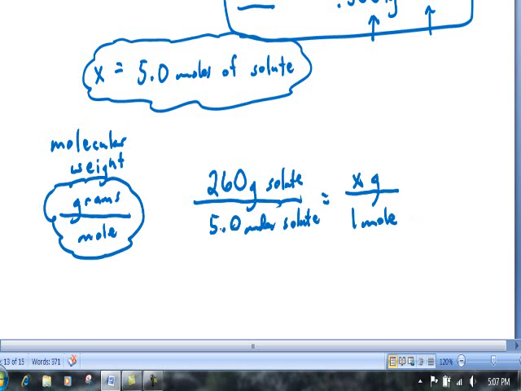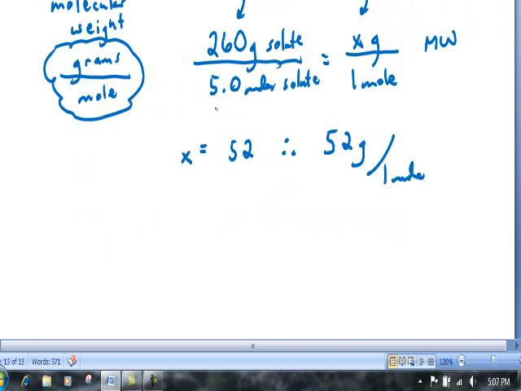We know that that is now 5 moles of solute, so 260 grams are present in 5 moles, which means we'd have X grams present in 1 mole. Getting how many grams are in 1 mole will give us the molecular weight of our compound. X comes out to be 52, therefore our molecular weight is 52 grams per 1 mole for our non-electrolyte solute.